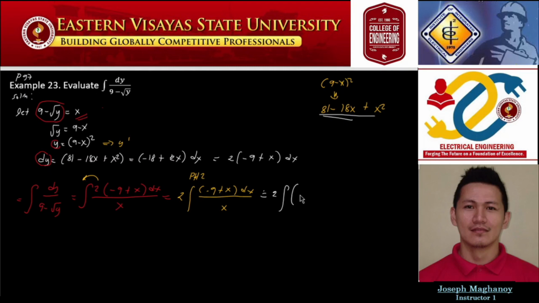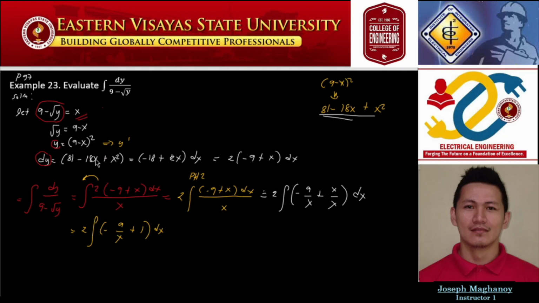That would be negative 9 over x plus x over x quantity dx. Okay. So now you have your constant 2 integral. So that would be quantity negative 9 over x plus 1 dx. Okay.